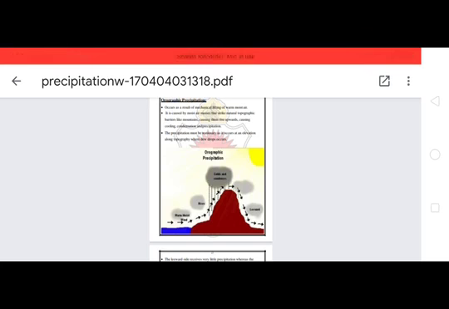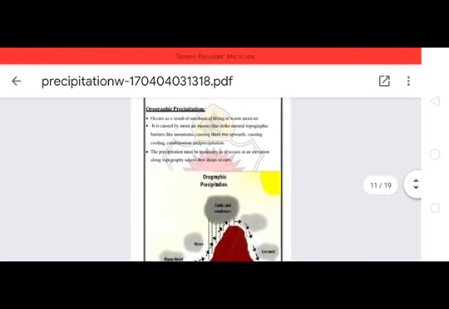Due to the upward movement, the warm air gets cold because of the temperature difference with elevation. Up to a certain height, condensation occurs and precipitation occurs as well.